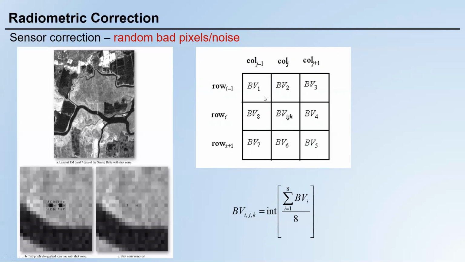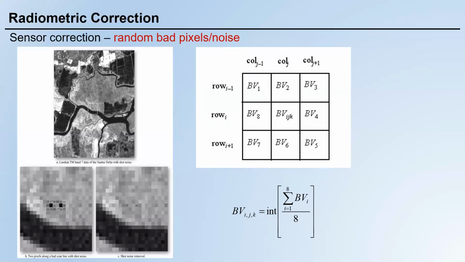You add them up and divide that value by 8, because there are 8 surrounding pixels. You simply calculate the average value of the surrounding pixels and assign it to the bad pixel in the center of this window. You may say, it's not the actual value of that pixel, right?